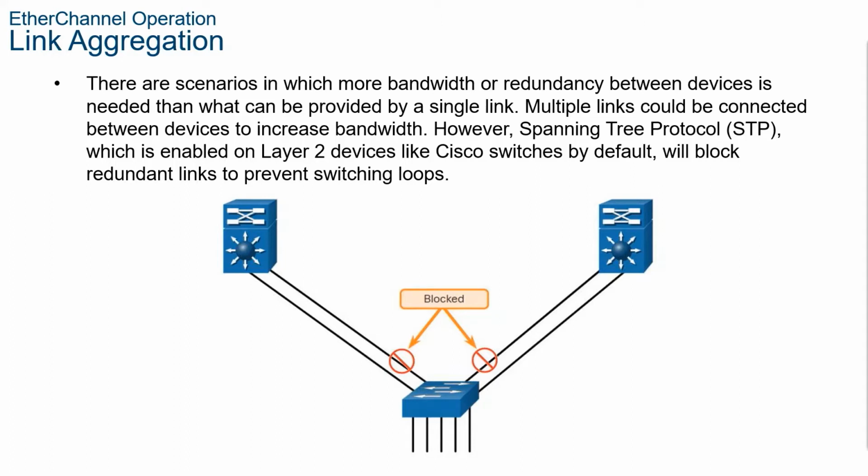It is used to provide fault tolerance, load sharing, increased bandwidth, and redundancy between switches, routers, and servers. EtherChannel technology makes it possible to combine the number of physical links between the switches to increase overall speed of a switch-to-switch communication.